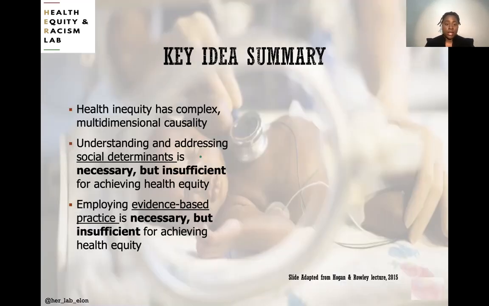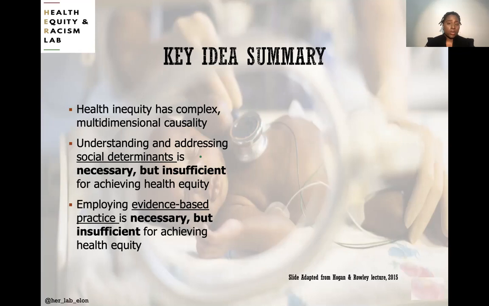We know health inequities are extremely complex, which is why they've persisted for generations and generations. We understand that addressing social determinants, structural determinants is absolutely necessary, but it is insufficient for achieving health equity.